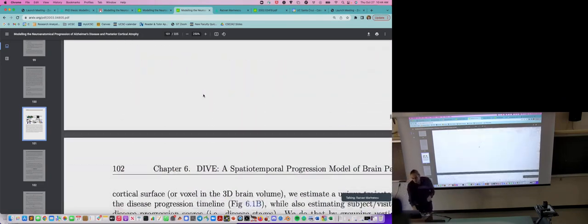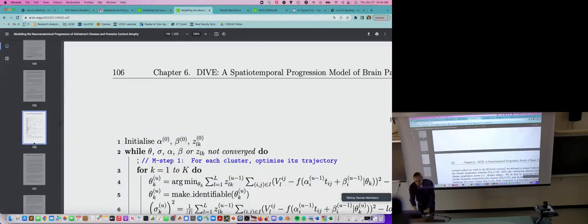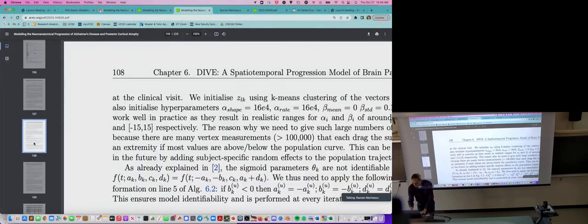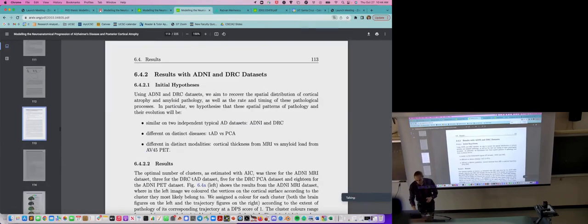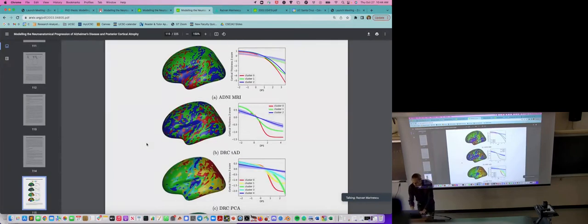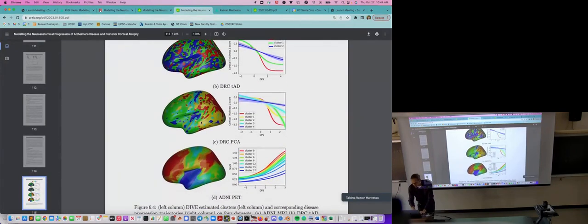And for example, if you try to model other kinds of diseases, you will see it. Look at these clusters. Look, for example, at this versus that.